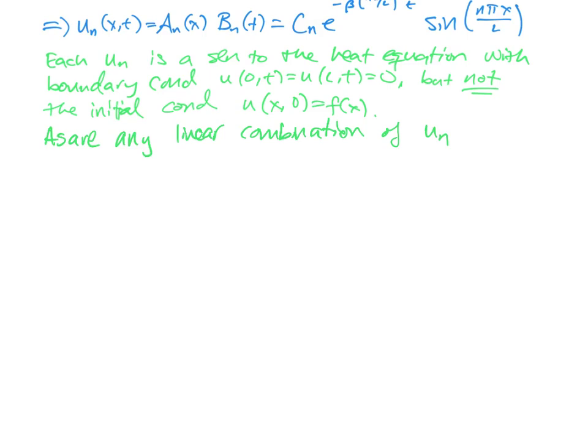So now this video is getting pretty long, and so I'm going to do an example of how you use this and how you actually solve the initial conditions in our next video. All right, and I'll see you then.